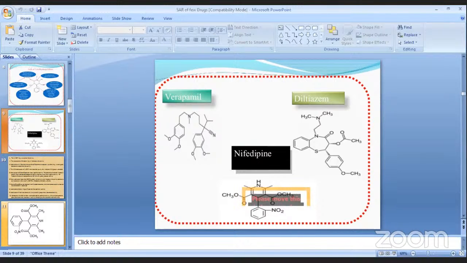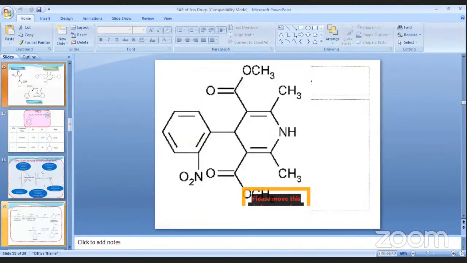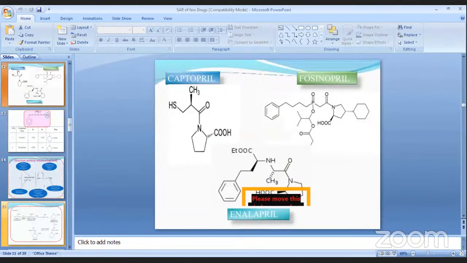Now I am going to the SAR of ACE inhibitors like captopril, enalapril, and lisinopril. Here you see that all the structures have pyrrolidine, with a carboxylic acid group attached to the pyrrolidine.